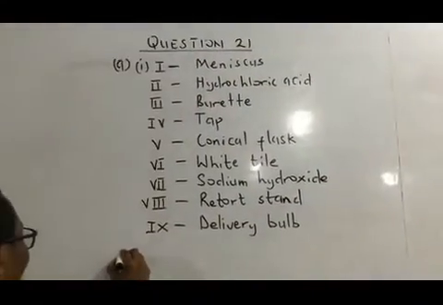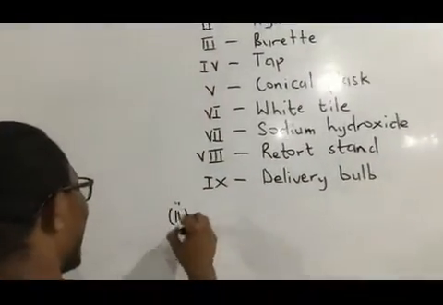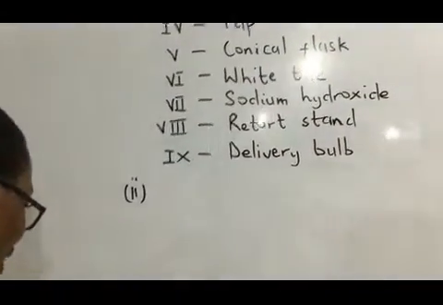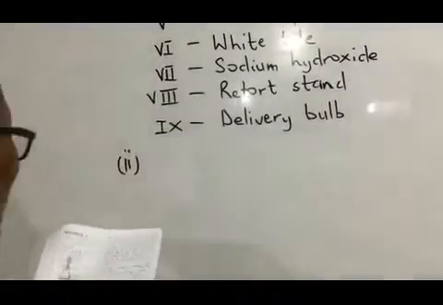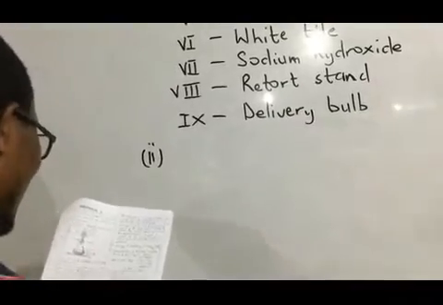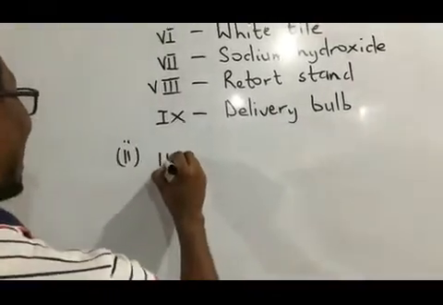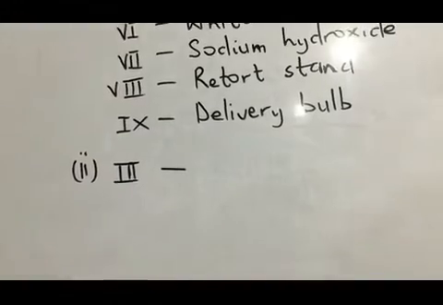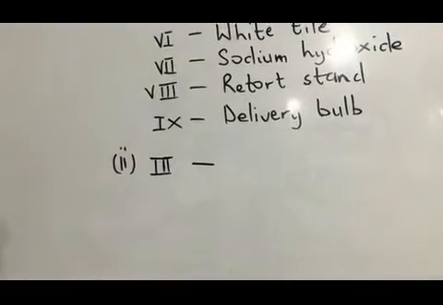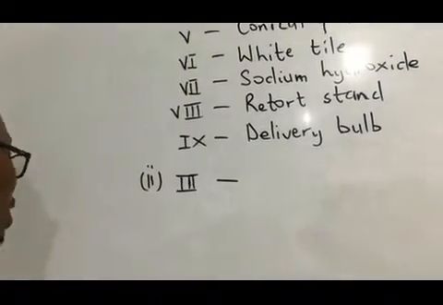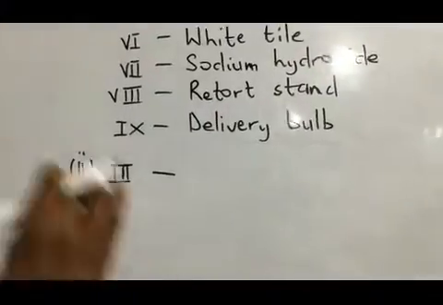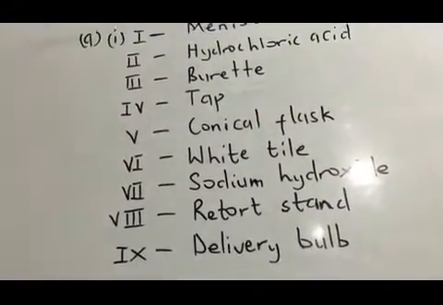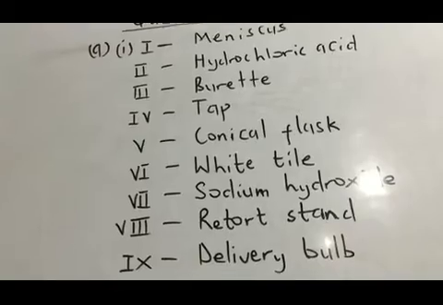Now question A(ii) says we should give one function of the parts labeled III, IV, and VII. So for III, the III is what? The burette. So what's the function of the burette? As I said, the burette is used to contain the acid and to deliver the acid into the conical flask.